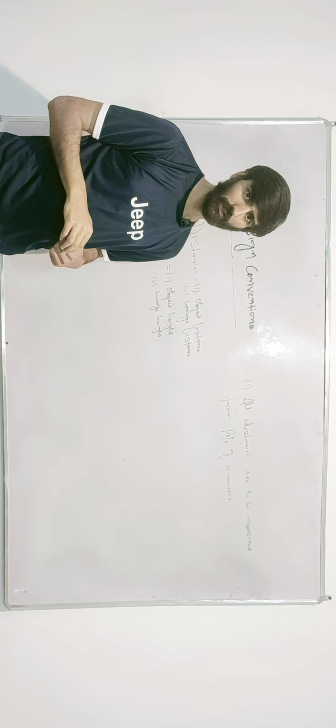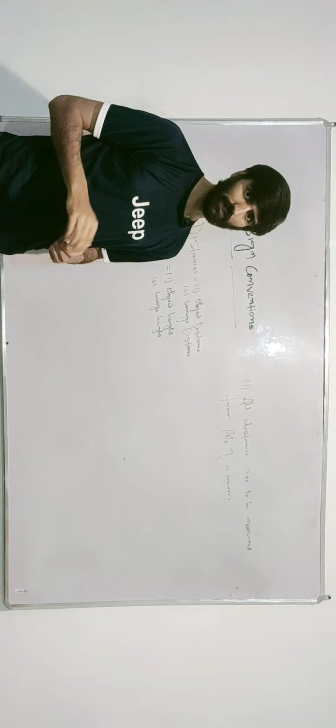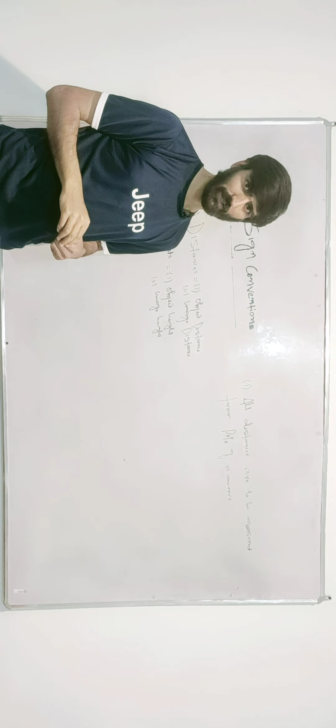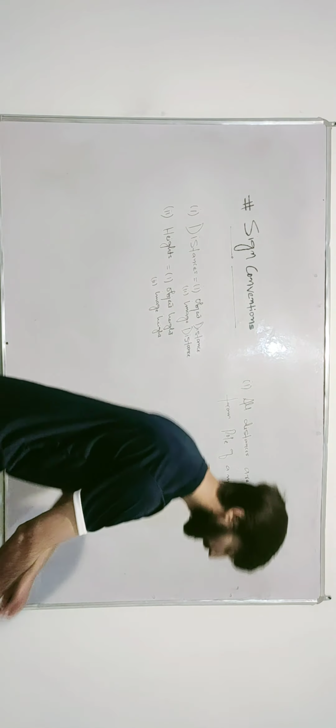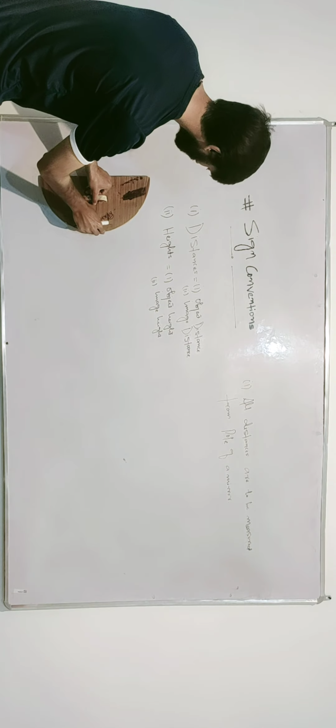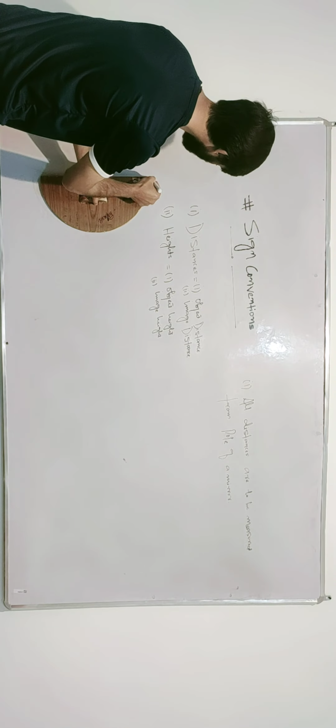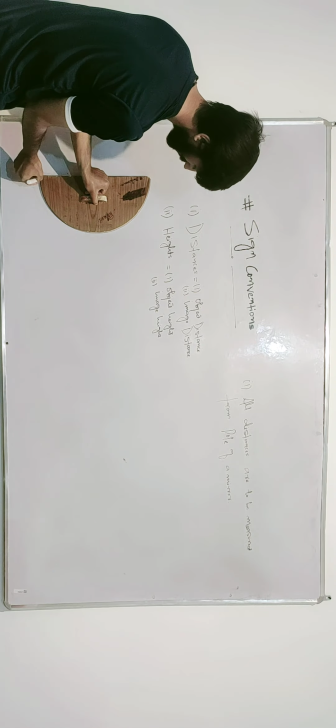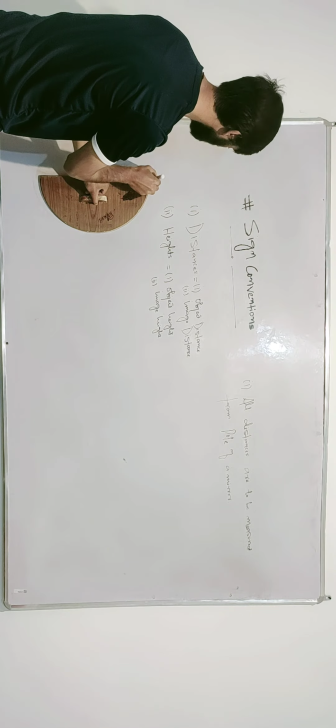Now let us understand it by making a diagram. Let's suppose this is a mirror and we draw a principal axis over it.